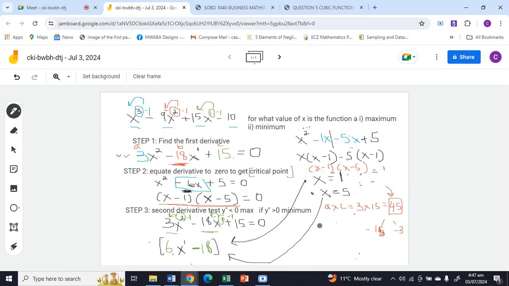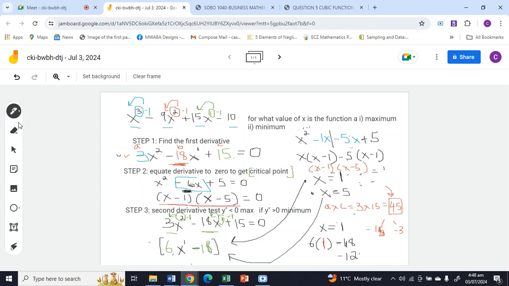So we start with x equals 1. If you substitute x equals 1 into our second derivative, which is 6x minus 18, you substitute x with 1, so 6 times 1 minus 18. 6 times 1 is 6. 6 minus 18 is negative 12.